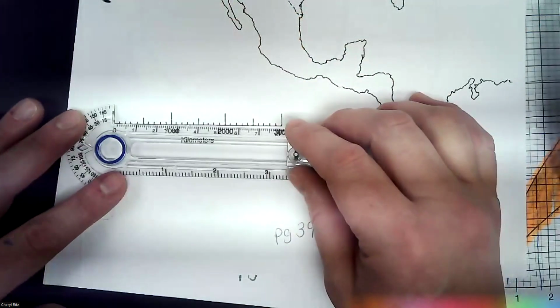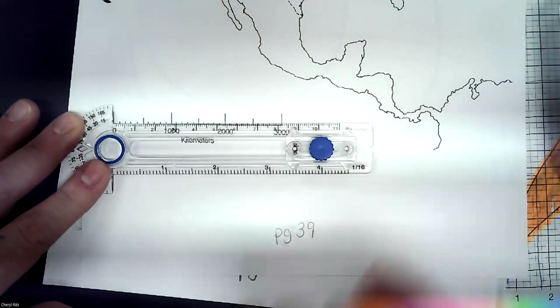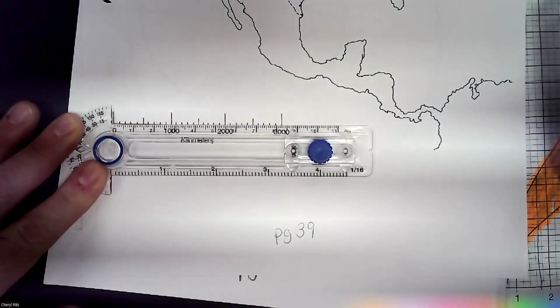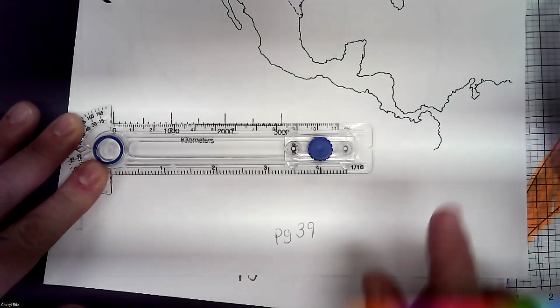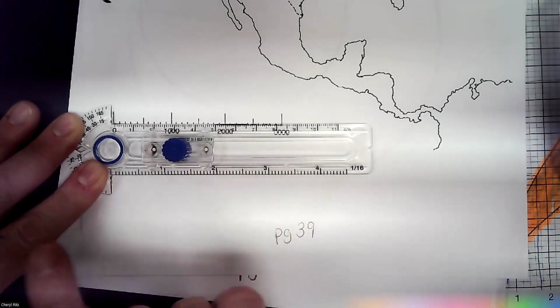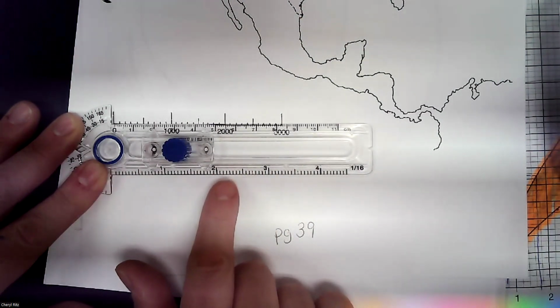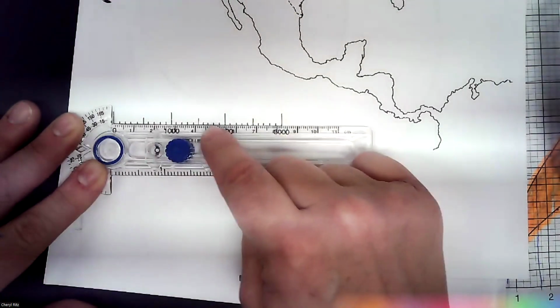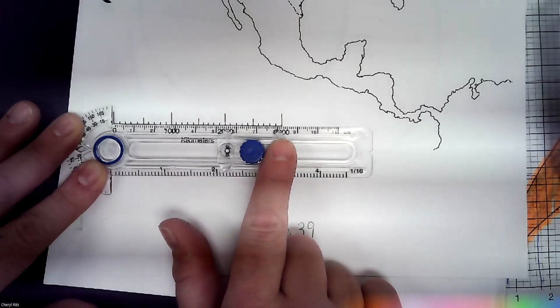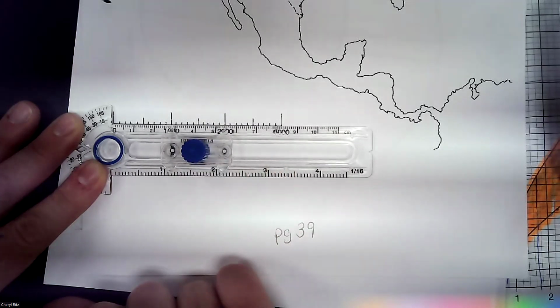If you take that 0, so line up that 90-degree angle perfectly with your scale, then you can move your slidey thing until one of the, so notice the circles have pointers on the end of them here. So you're going to line one of those pointers up with the 2,000.